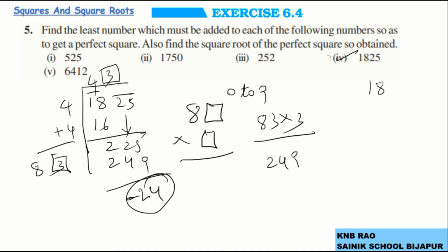Why? Because 1825 lies between 43 square and 44 square.